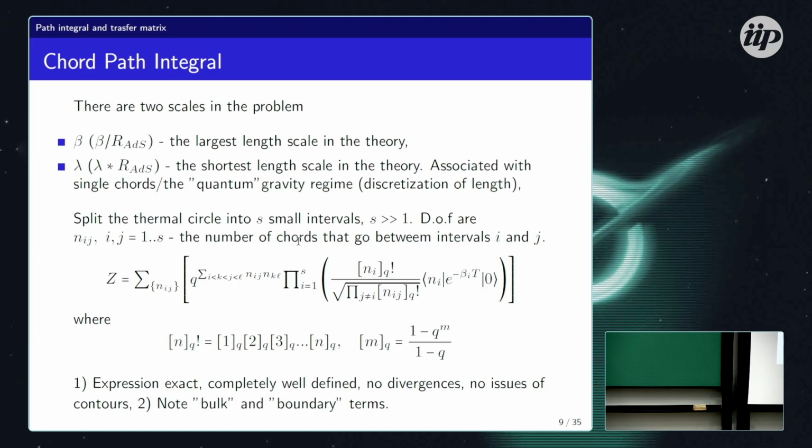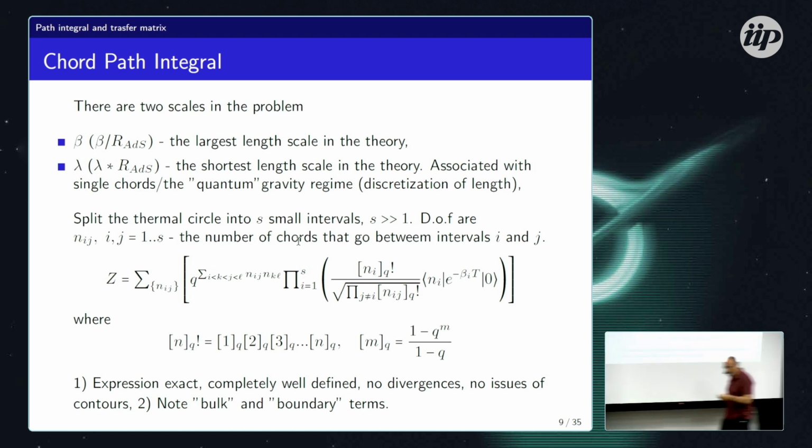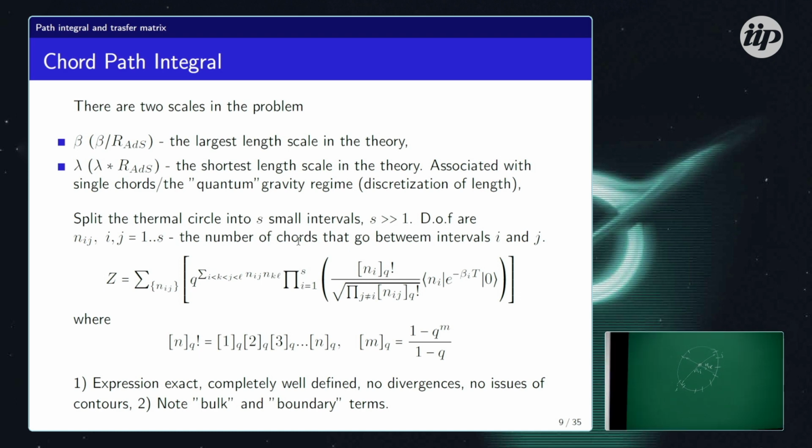This is the I interval, this is the J interval, and there are N_ij chords that go between them. And of course I do this for all other intervals, so this is going to be some N_kl. So it's very easy to extract the number of intersections using this parametrization.